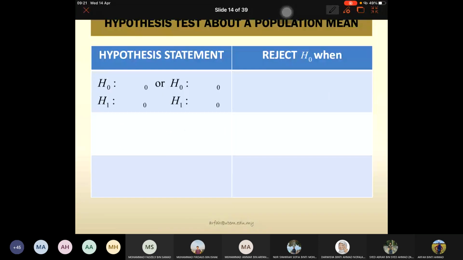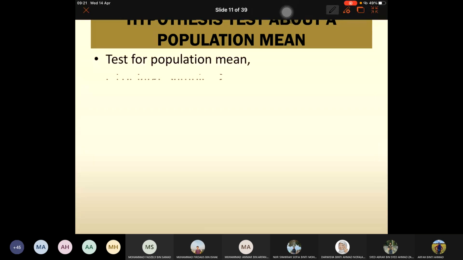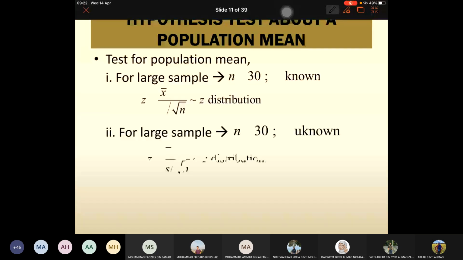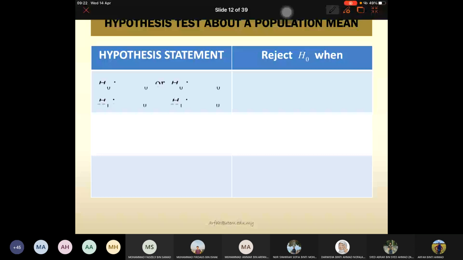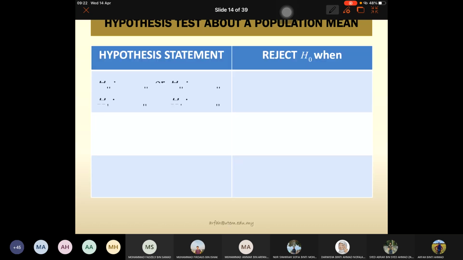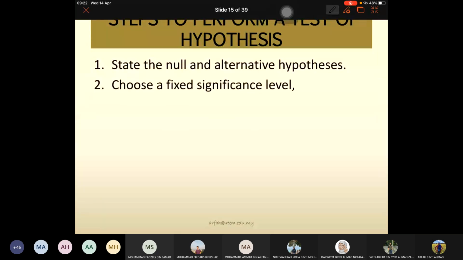Untuk the first one yang ada Z. Okay. So this one. Reject H null when Z is less than negative Z alpha. So ini untuk case mu less than mu not. Mu greater or equal not. Okay. So this one. Reject H null when Z less than negative Z alpha.